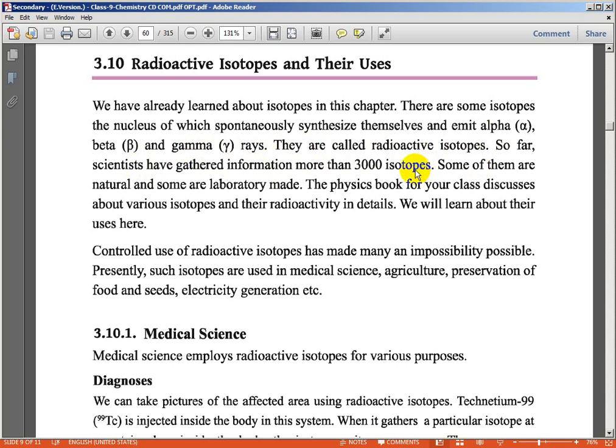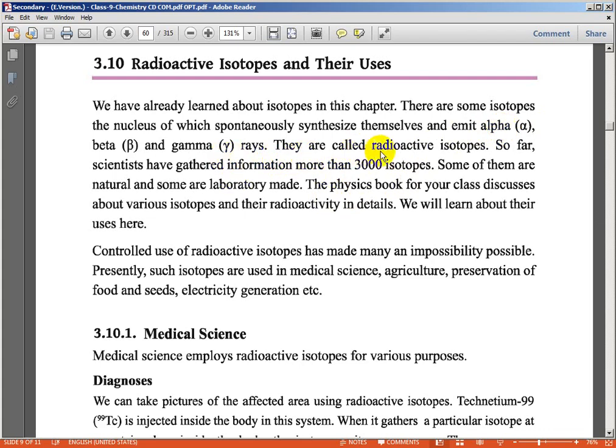Elements with atomic number above 80 in the periodic table, like radium and uranium, emit rays automatically, alpha particles, beta particles, gamma rays.